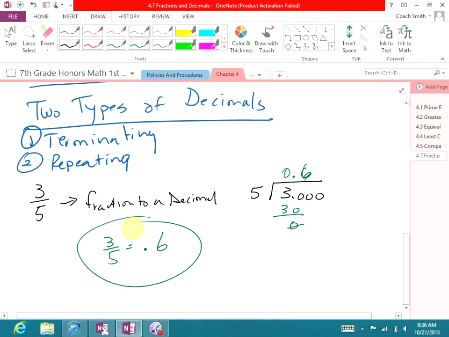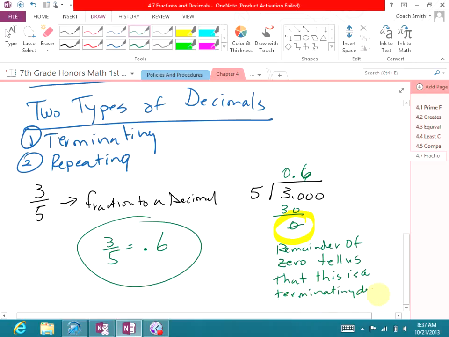Okay? No, you don't have to. It's not wrong if you do. Now, this remainder of 0 tells us that this is a terminating decimal.